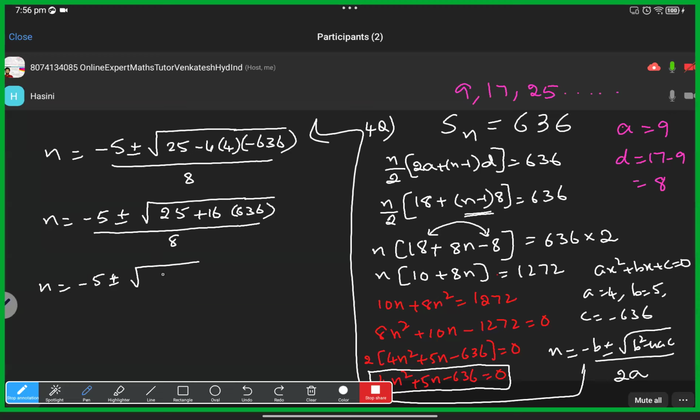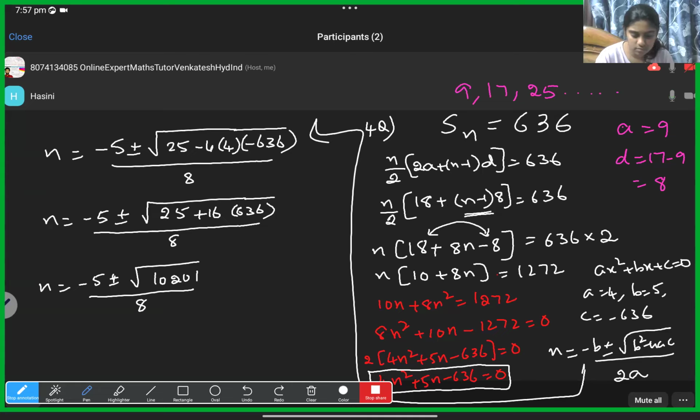So root of 10,201. Hasni, adding 16 times 636 and 25, you will get 10,201.